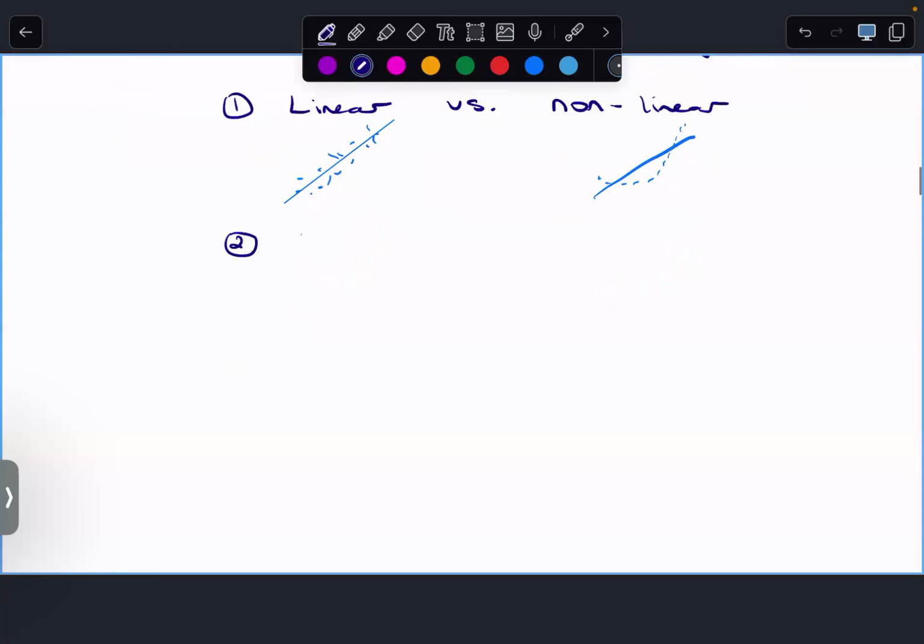But for the strength, I'm going to go for strong versus weak. If you see a pattern, I would call it strong, or if the pattern's not very strong, then you could say moderately strong or something like that.